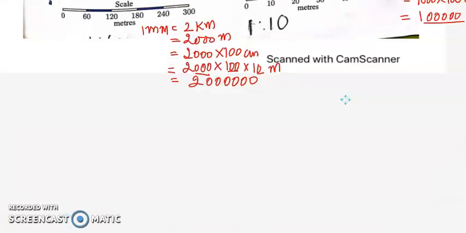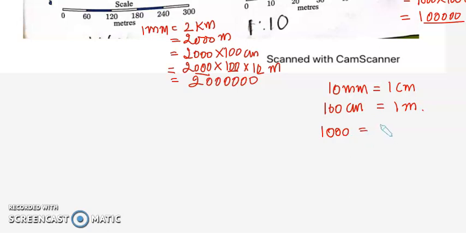Before I conclude this topic, I must write the relation between different units. 10 millimeters is 1 centimeter. 100 centimeters is equal to 1 meter. 1000 meters is equal to 1 kilometer.